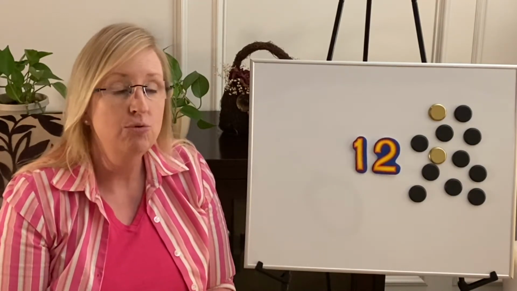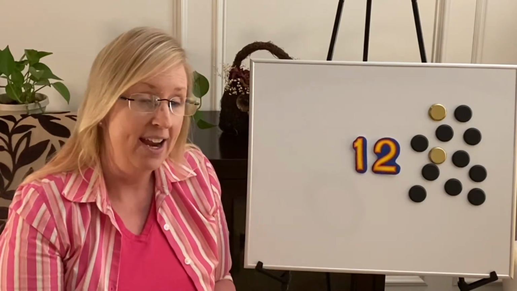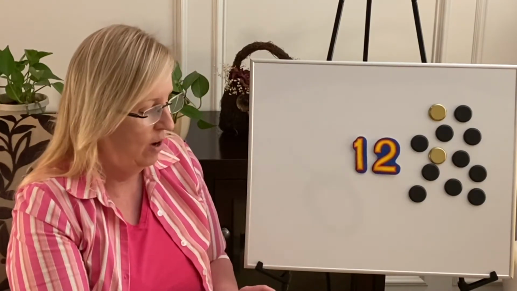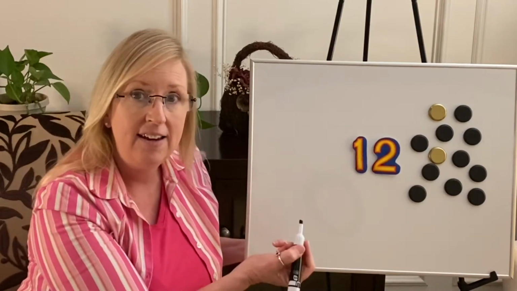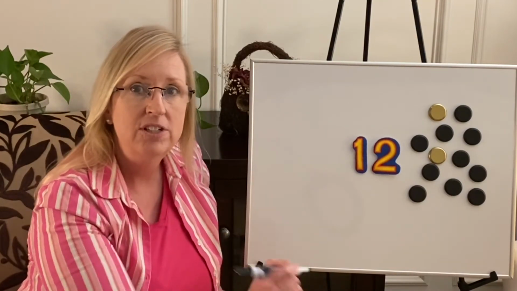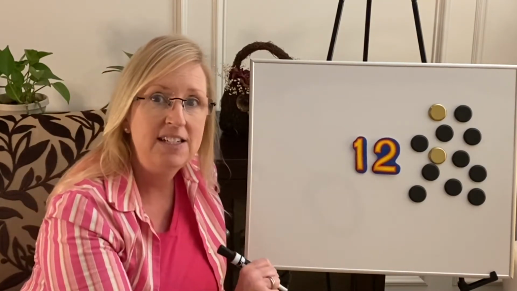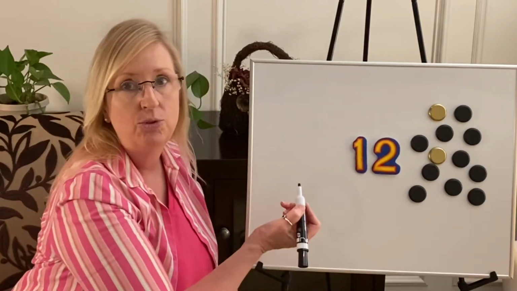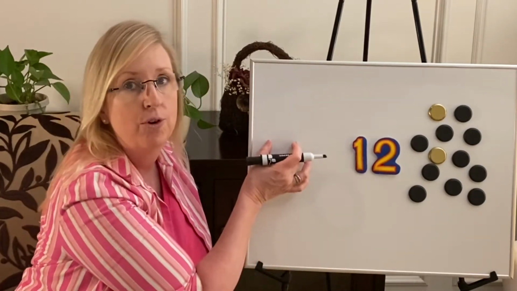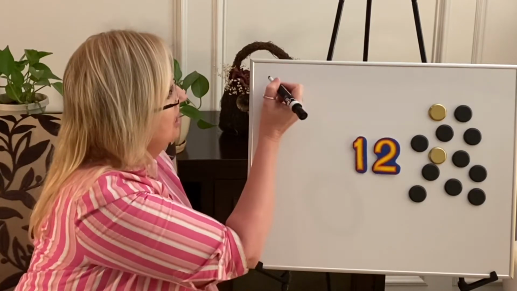So I'm going to draw those the 10 frame way. When I'm drawing 10 frame way, I do a 10 and then whatever's left over. So let's do that 10 frame way. And we're going to do it in a vertical formation, still keeping our 10 way.